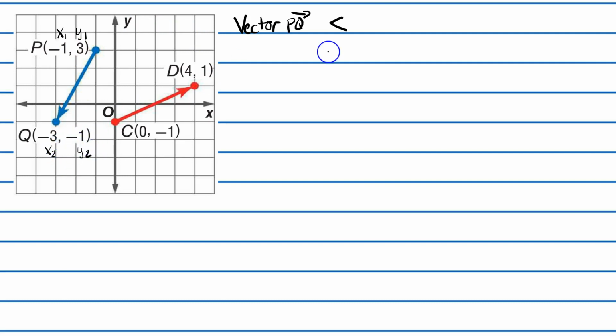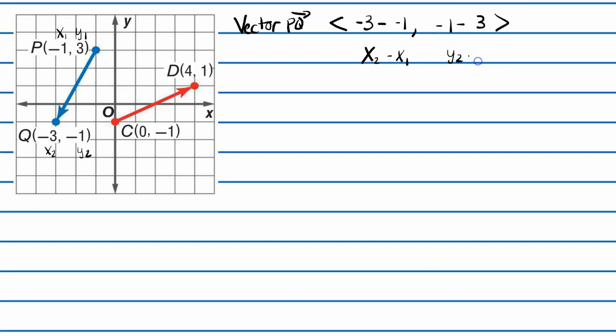So when we're setting this one up, we're going to say that's -3 minus -1. So remember, this is different. I'm going to put this down here to help you out. So x2 minus x1. Notice the x's are first here. And then we're going to have -1 minus 3.